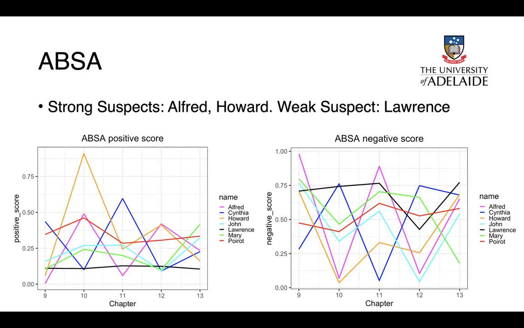So Alfred and Howard are our strong suspects. And for Lawrence, his positive score declined slightly from chapter 12 to 13. So we say Lawrence is our weak suspect.